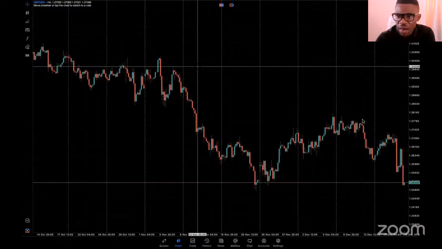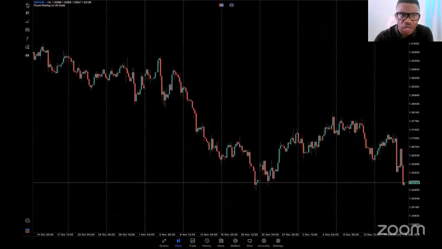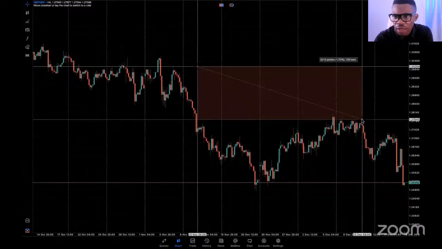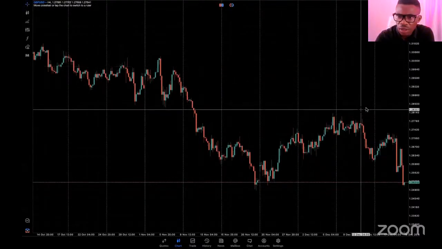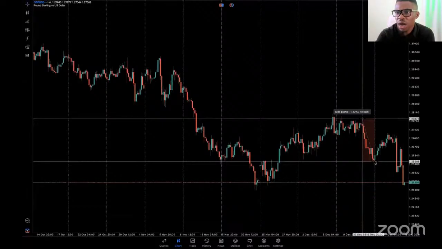We mark this top and we drag it down to this bottom, and we wanted to know how many pips were there. Look at it, 178 pips.